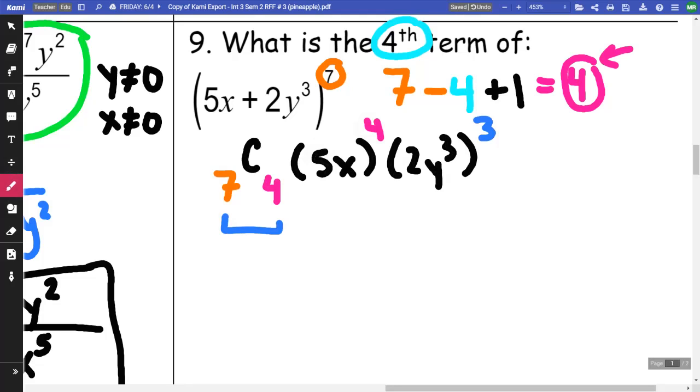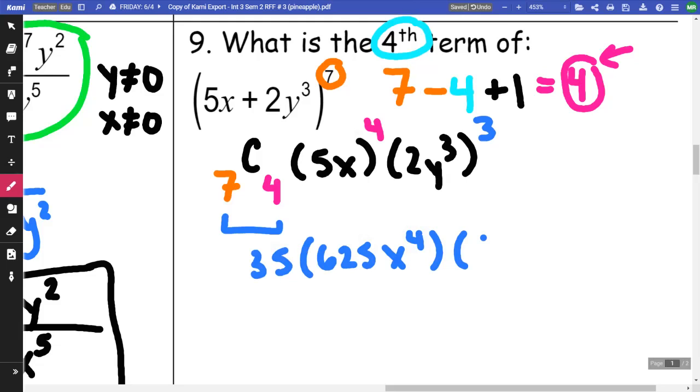And then I'm going to put this in my calculator. So let me just do bits of this. So let me do 7 choose 4, and 7 choose 4 is 35. And then 5 to the fourth is going to be 625x to the fourth.